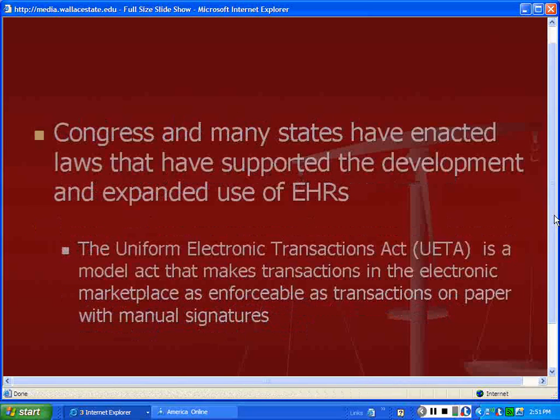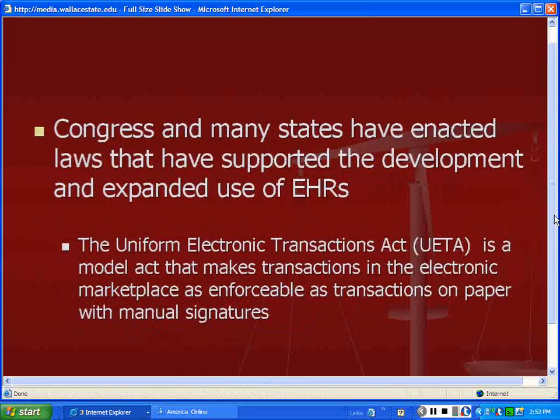Now, Congress and many states have enacted laws that support the development and expanded use of the electronic health record. And one in particular, the Uniform Electronic Transactions Act, is a model act. And when I say model, it's one that's developed in hopes that other states will actually adopt it or put it into law.